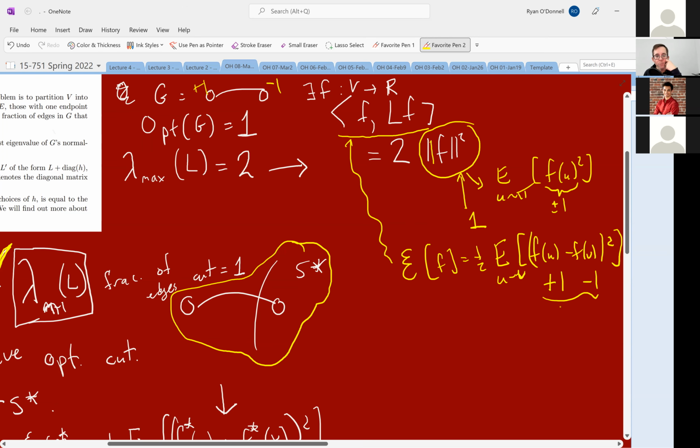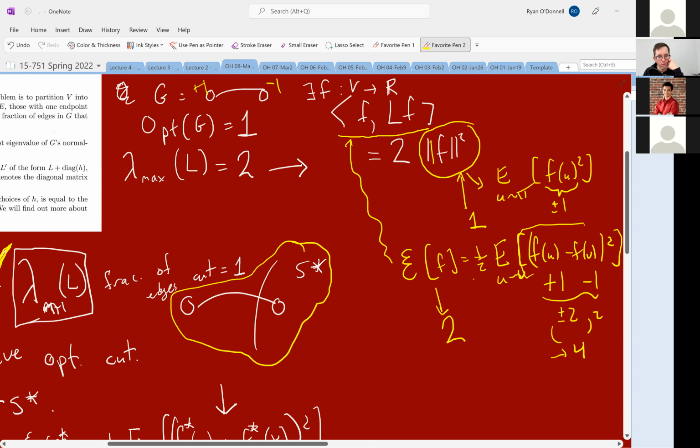You subtract them, you get plus or minus 2, and then you square it and you get 4. So the thing in the brackets is always 4, so this expectation is 4. Then we multiply by 1/2, and therefore this is 2.